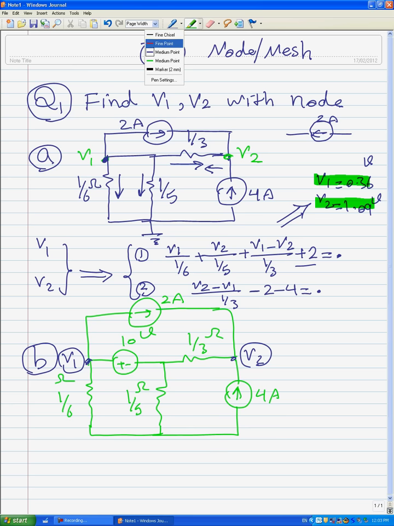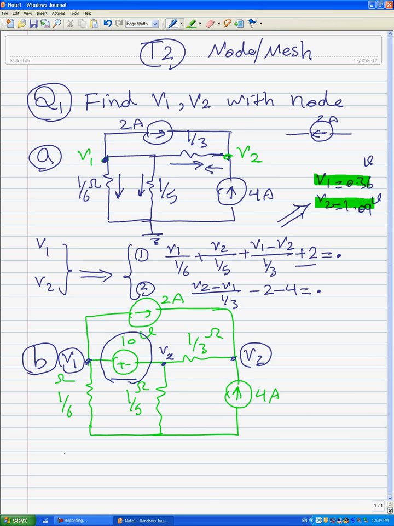For part B, important concept, because we have a voltage source here, we should consider supernode like this. And for this reason, we should define Vx here. First of all, we should determine the equation for supernode.